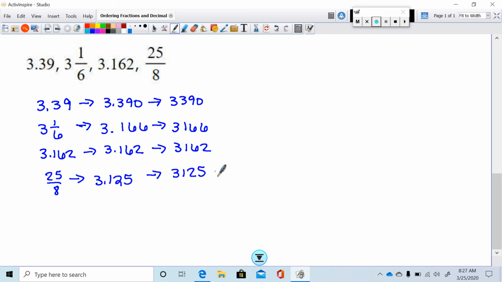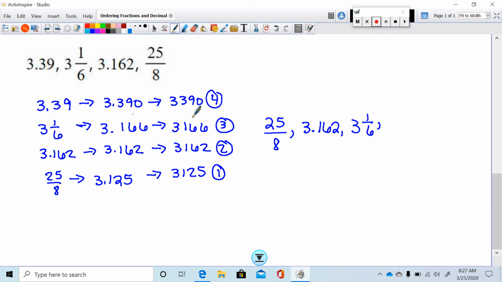So the smallest number on this list is 3,125, and then 3,162, 3,166, and 3,390. So I have 3 1/8. I have 3.162. I have 3 1/6, and I have 3.39.